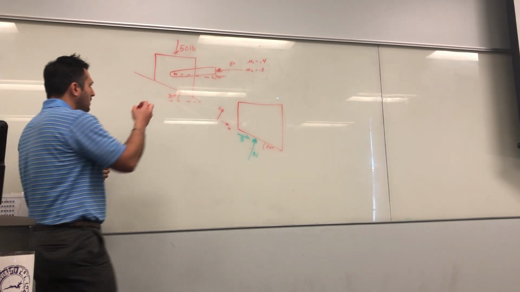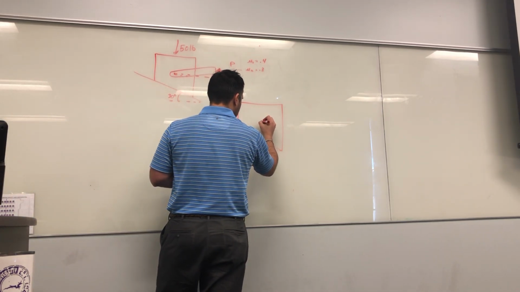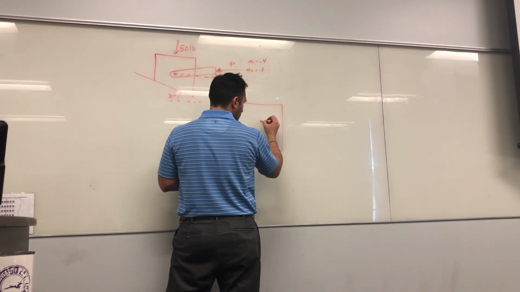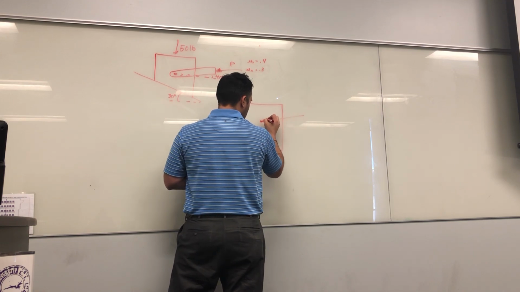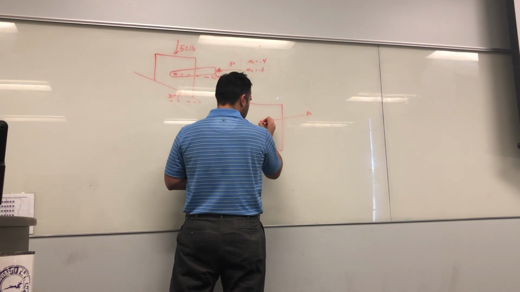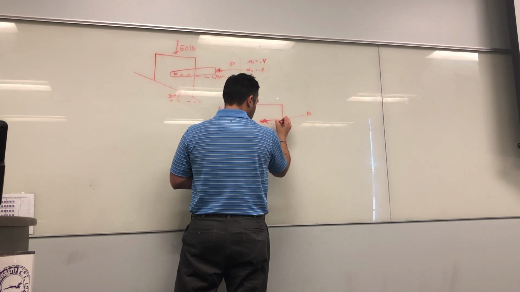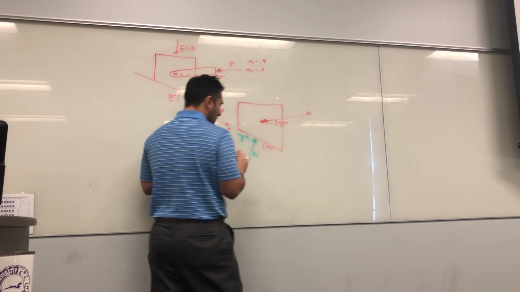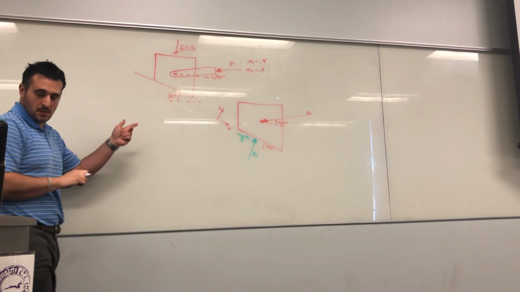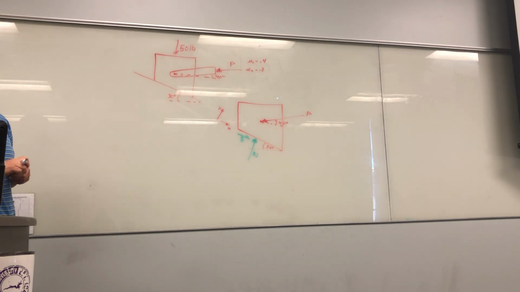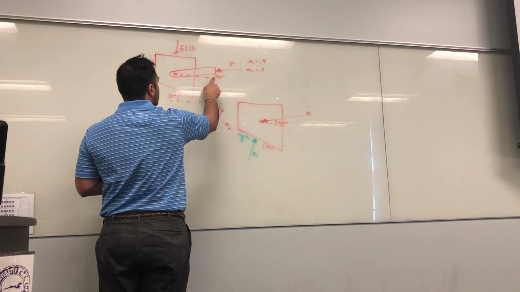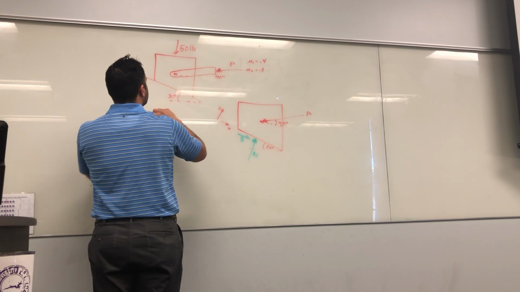So let me draw this here. I've got my pushing force. This pushing force is at 40 degrees from horizontal. I'm sorry, I drew that the wrong way. That's not 40 degrees from horizontal in the original.